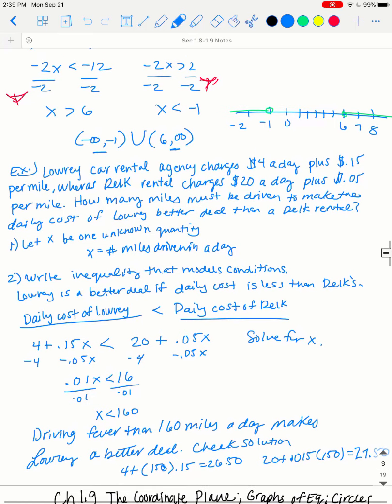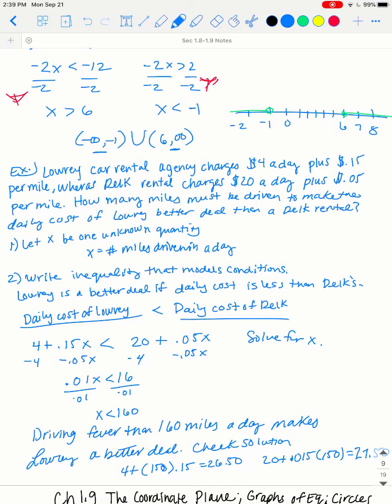Okay. Here we're going to do an applied example of an inequality. Lowry Car Rental Agency charges $4 a day plus 15 cents per mile, whereas Delk Rental charges $20 a day plus 5 cents per mile. How many miles must be driven to make the daily cost of Lowry rentals better than the deal of a Delk rental?